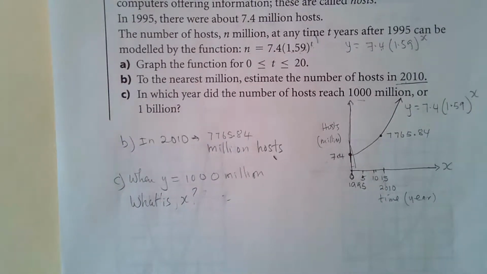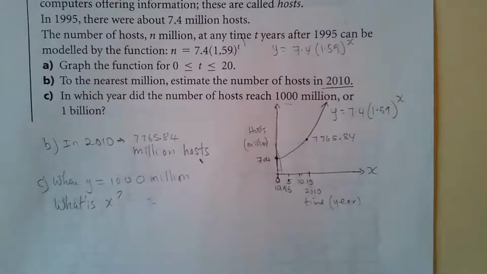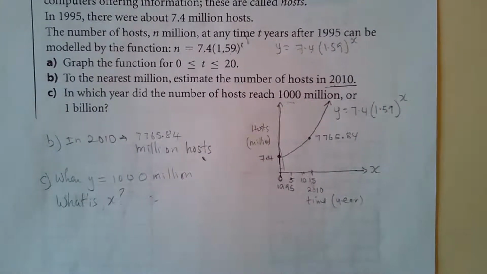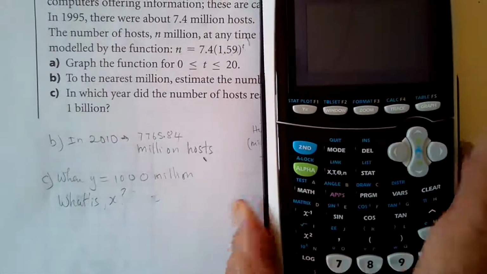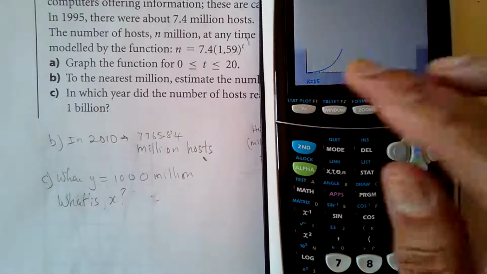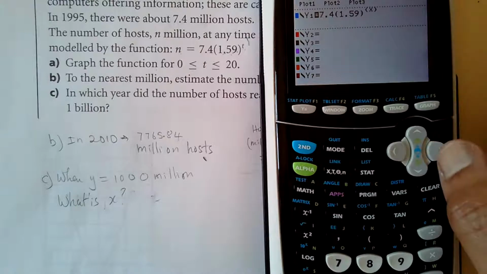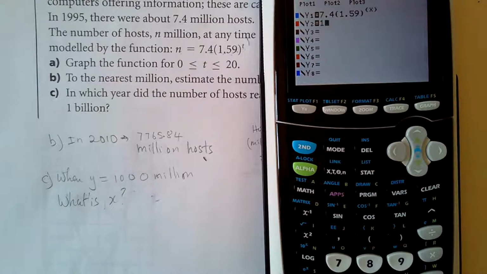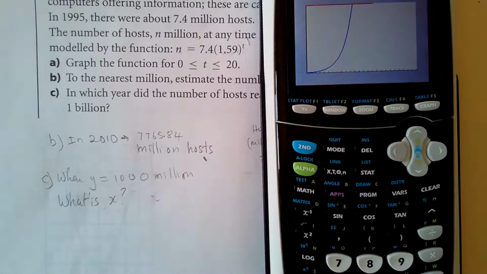Now to do that in the calculator, it's a little bit more involved. So I go to my calculator here. I already have my graph. Now I'm going to go to my graph in my y equal button, go into y1 and make this 1,000. Now that is way above here.